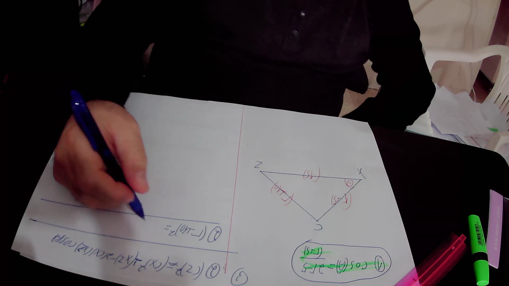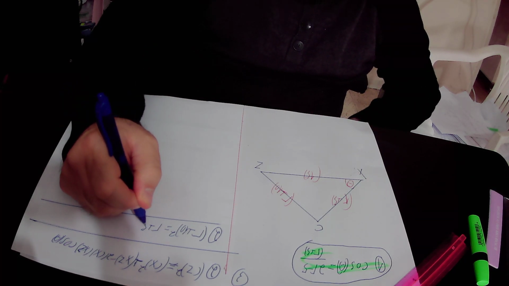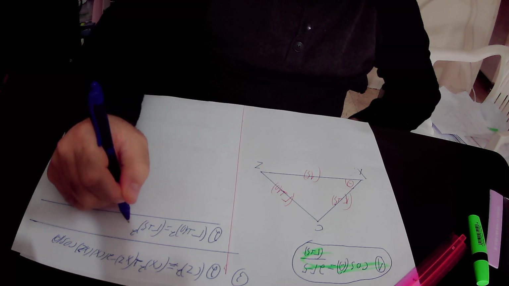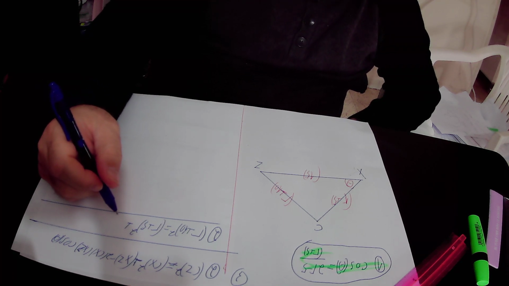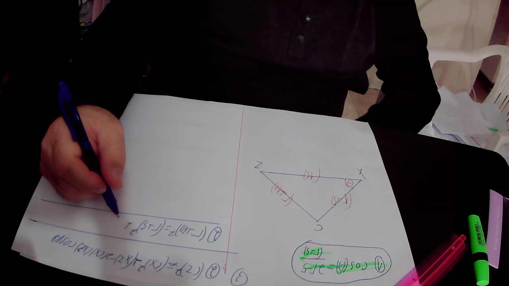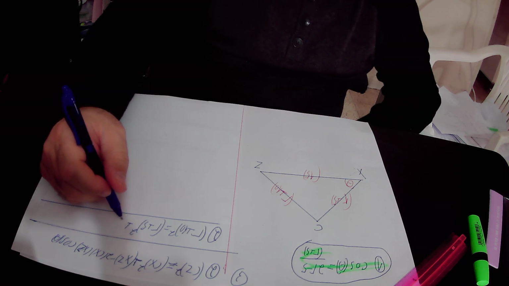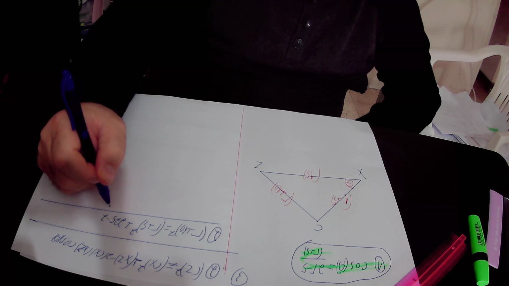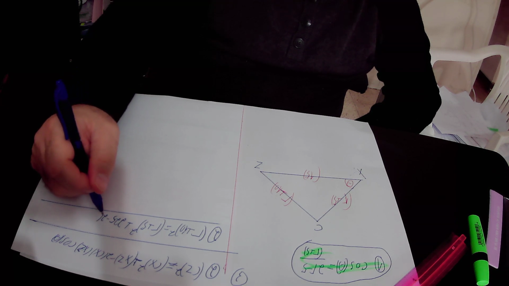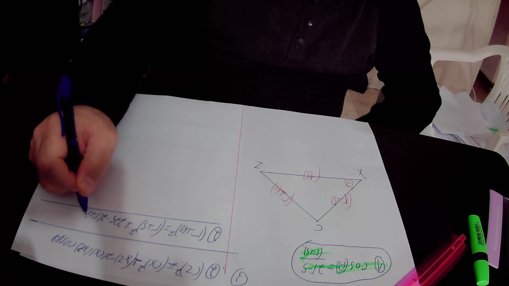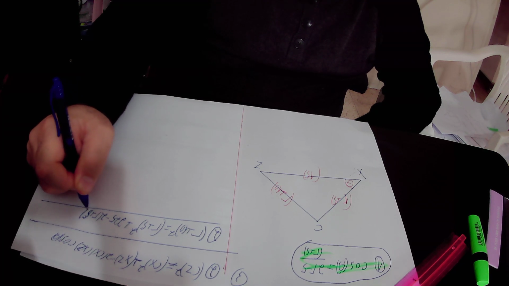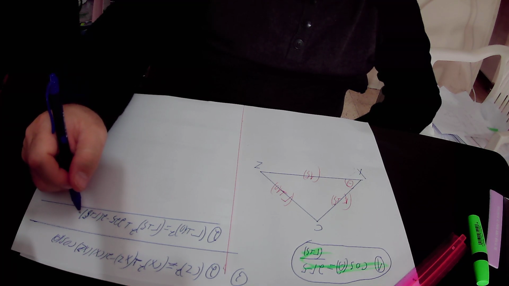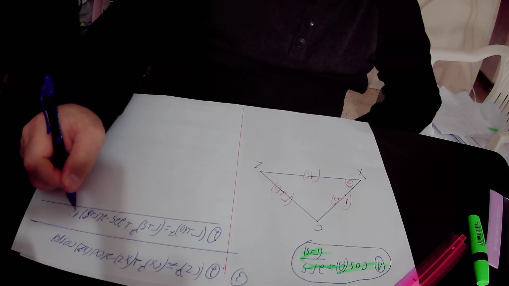CX equals r plus 5, so CX squared will be equal to r plus 5 squared, plus XZ squared. XZ equals 15 units, therefore XZ squared is 15 squared, that is 225, minus 2 times r plus 5 times XZ, that is 15, times cosine theta.